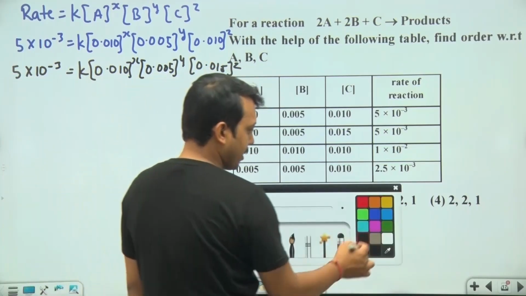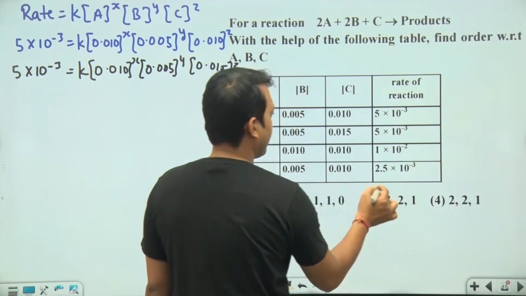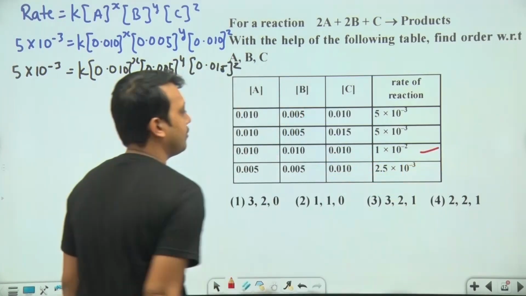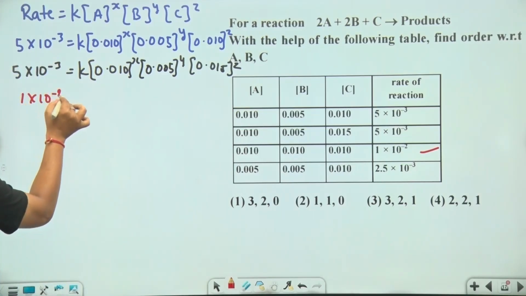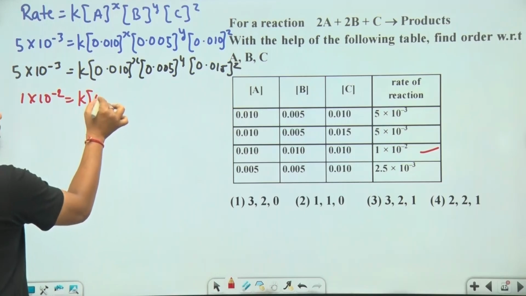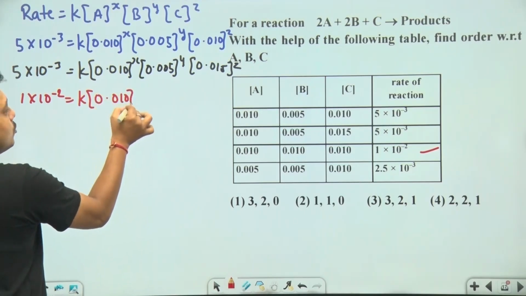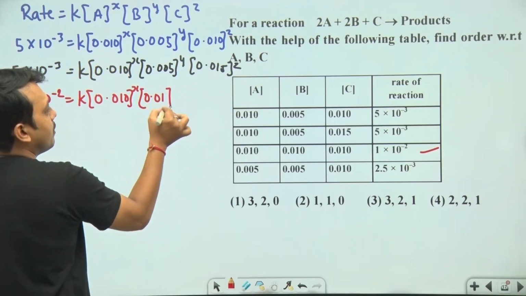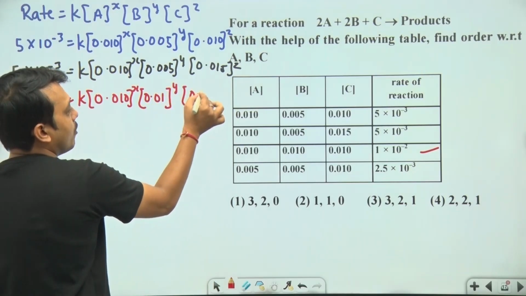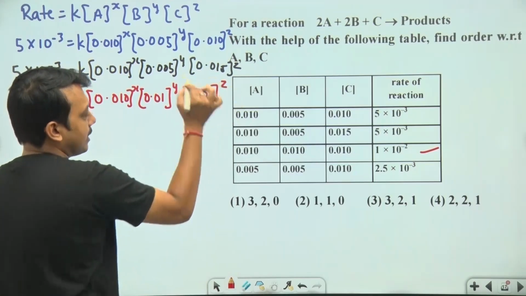Now from experiment number 3, we can write it as 1 into 10 raised to the power minus 2, that is equal to K, 0.010 to the power x, 0.010 to the power y and 0.010 to the power z.